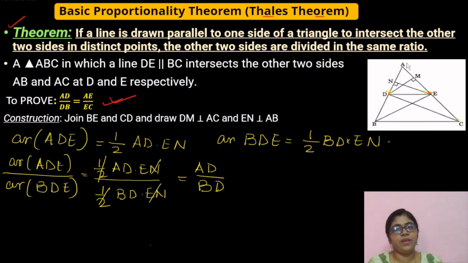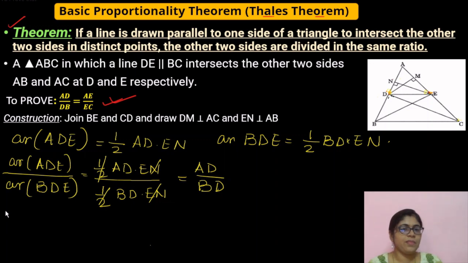And now, if we consider triangles ADE and CED, what is the area of ADE? We can take half AE into DM, and the area of CED is equal to half CE into DM.